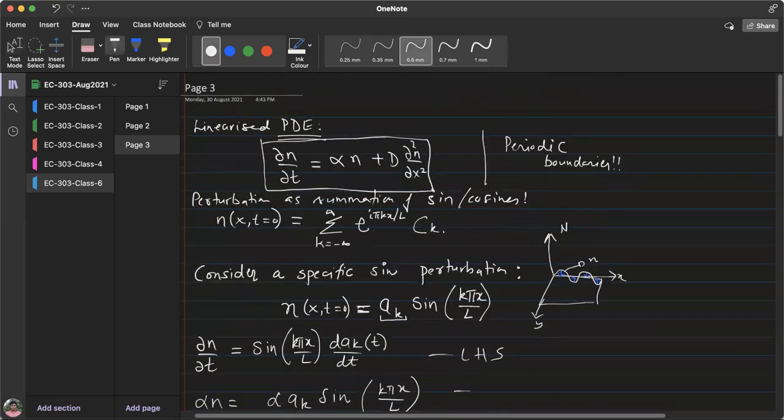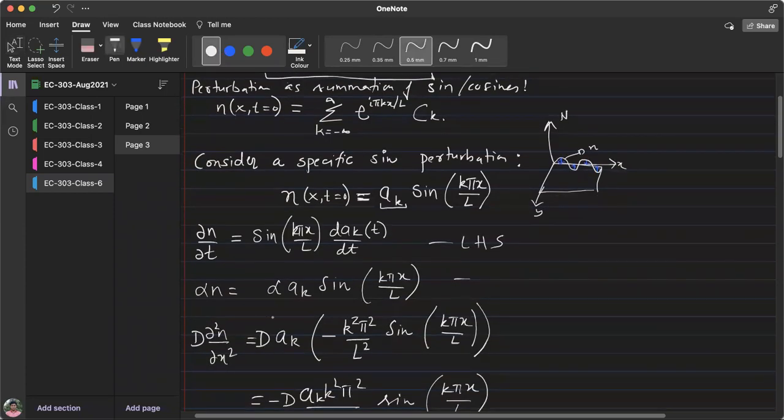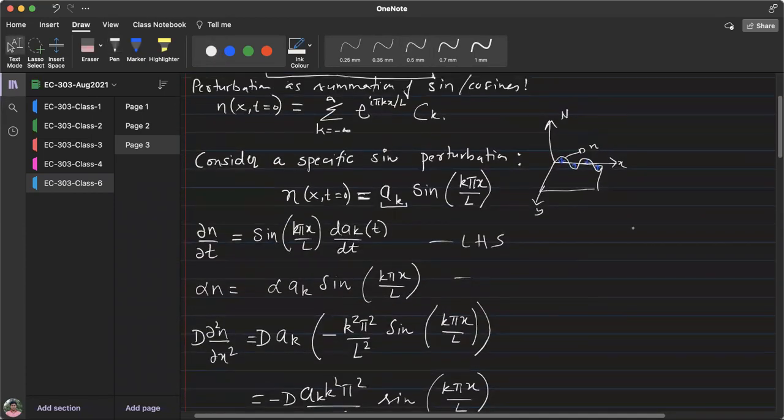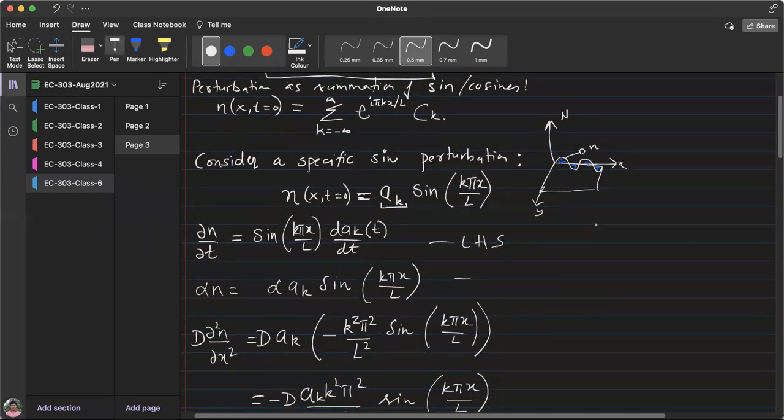I can just elevate this up such that the minimum value is above 0. It is still periodic, right? So the perturbation can be some A0 plus Ak sine k pi x by L, where A0 is greater than Ak.